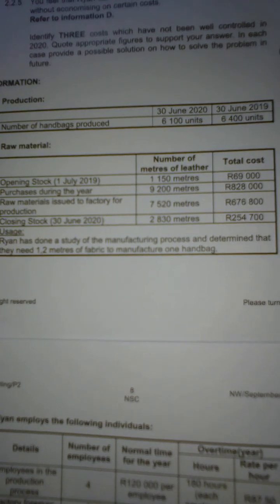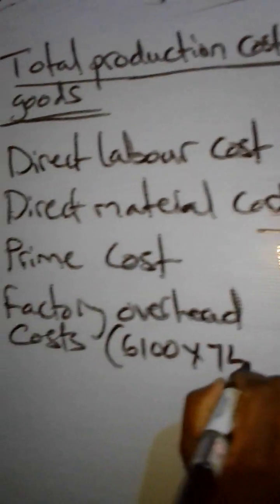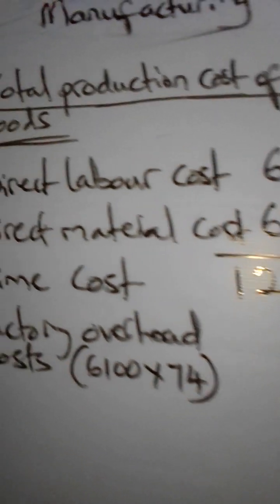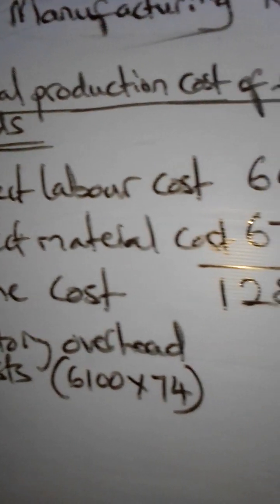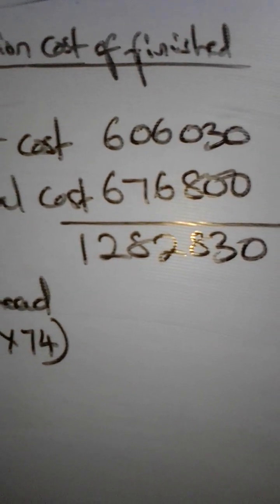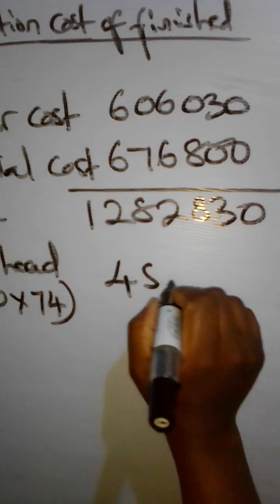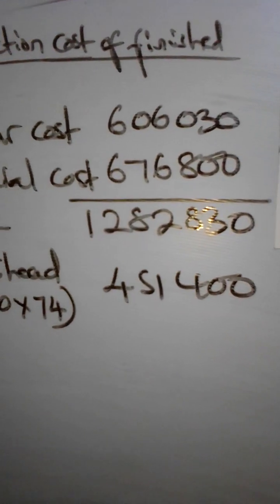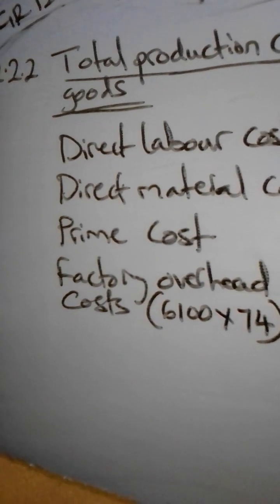So the factory overheads, we are going to say 6,100 times 74 rand, which is going to give us something like 451,400.